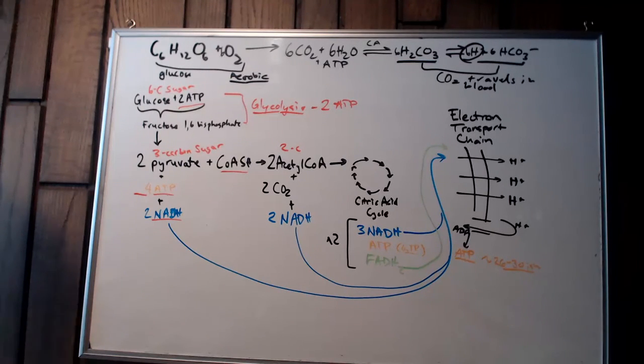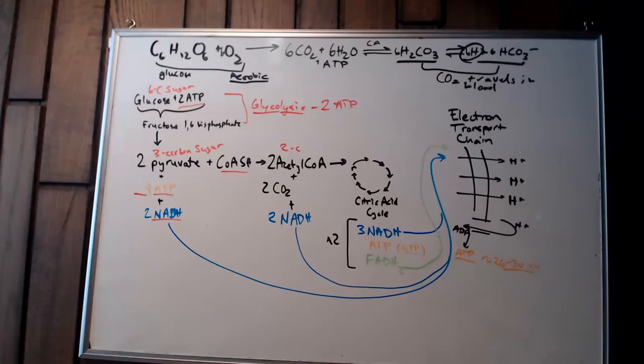It's going to rip it off of different things, shove it onto other things, and take hydrogens out and shove them onto other things. So we're going to take a couple of NAD and add some hydrogens onto them, and take some FAD and add some hydrogens onto it. We're going to make a GTP, which can then get converted into an ATP, because GTP is vaguely similar to ATP. It just uses guanine instead of adenine.